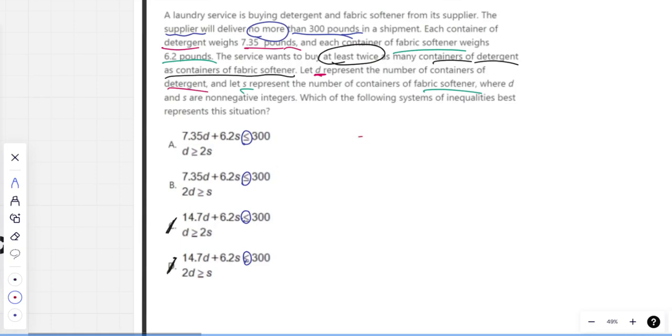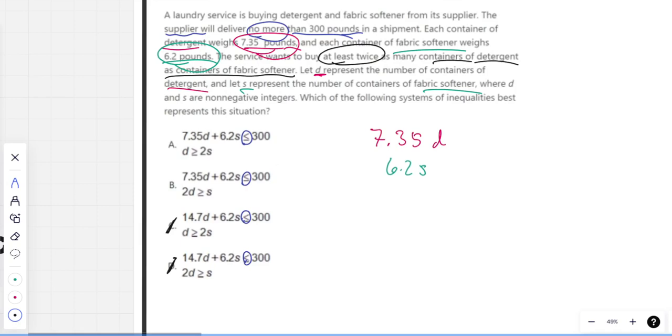We want 7.35 D, and we want 6.2 S because those are the numbers that we saw in the problem. The fact that we're trying to get at least twice as many containers of detergent as fabric softener is going to be represented with the second part, which is either D is greater than 2S or 2D is greater than S.